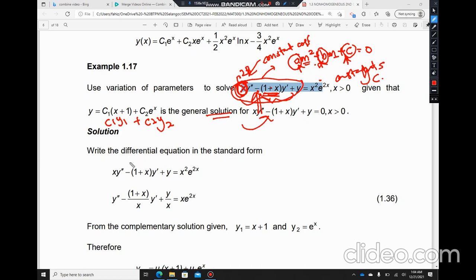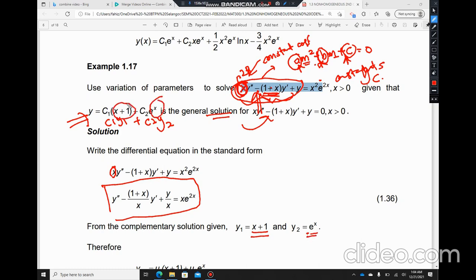Okay, so first we write the differential equation in the standard form. So kita tukar dulu pada standard form, so we divide by x. So dia akan dapat this equation. Okay, from the complementary solution given, y equals c1 y1 plus c2 y2. So awak identify dah, yang ni adalah nilai c1 and yang ni adalah c2.